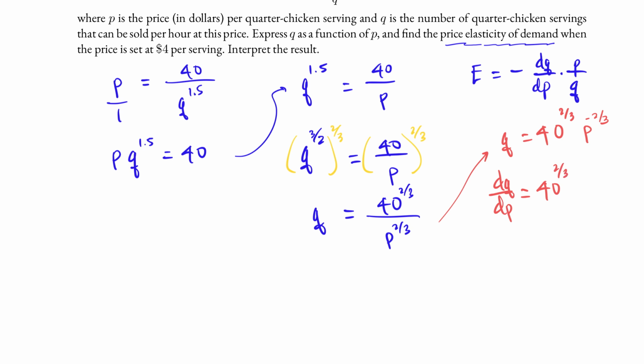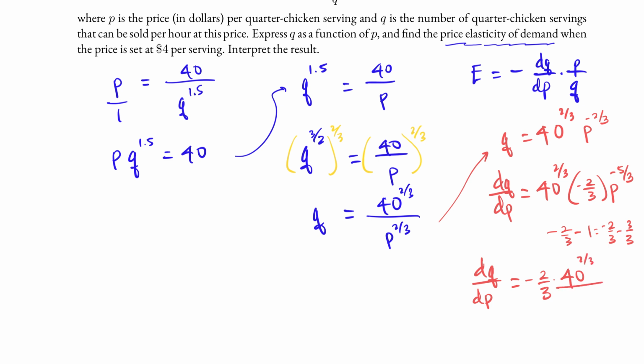The derivative of P to the negative 2/3 using the power rule, we bring down the power negative 2/3, and we lower the power by 1. Negative 2/3 minus 1 is negative 2/3 minus 3/3, so we get the power negative 5/3. If we were to rewrite it, then we'll get dQ/dP equals negative 2/3 times 40 to the power 2/3 over P. We bring it down to the denominator to make the positive power 5/3.